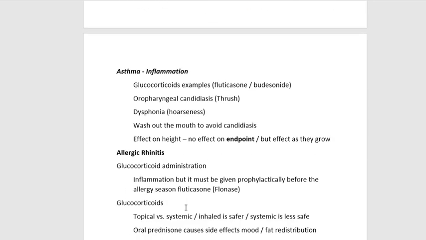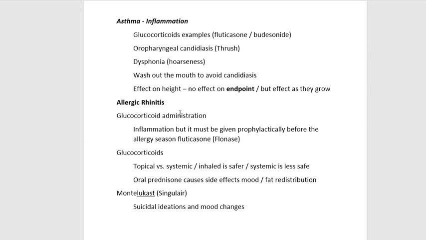Okay. All right, well, let's look at the inflammatory side of asthma. We have glucocorticoid examples, and although these aren't stems, you see the sone in fluticasone or budesonide, and those are clues to let you know that it might be a glucocorticoid, or maybe easier to just put steroid here rather than specific glucocorticoids.